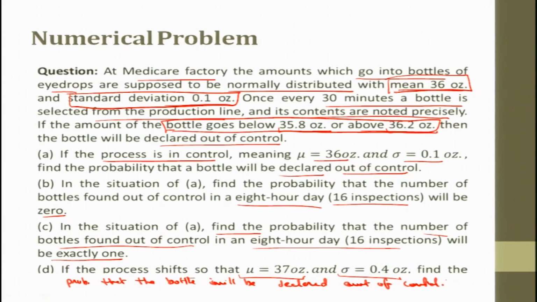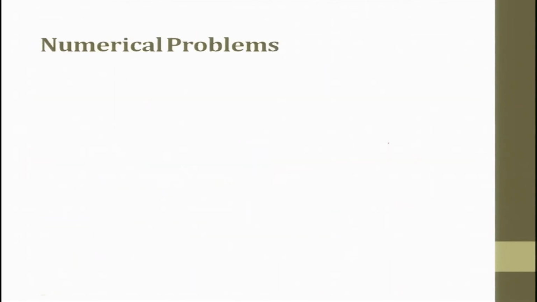Now, the first part is just a normal distribution as we did. Mu is this, sigma is this, we have a lower bound and an upper bound. So, let me try to put these values.